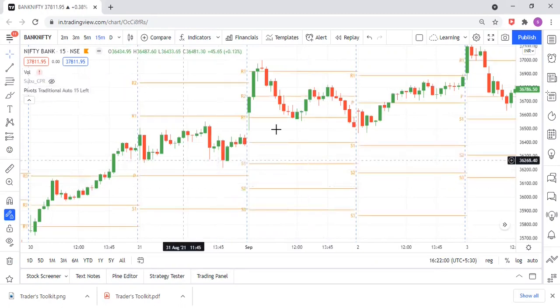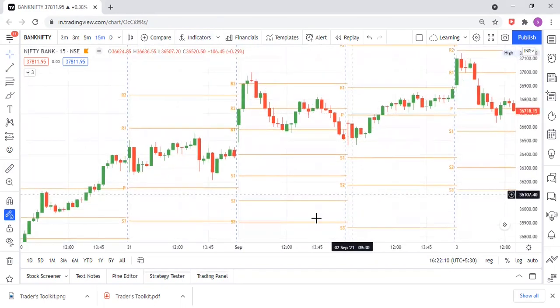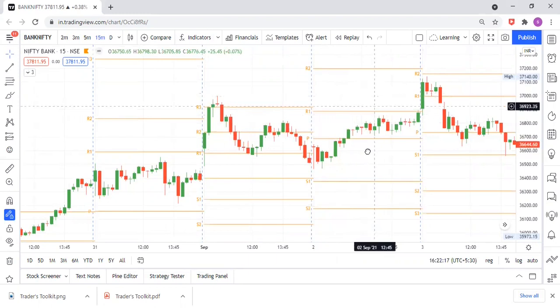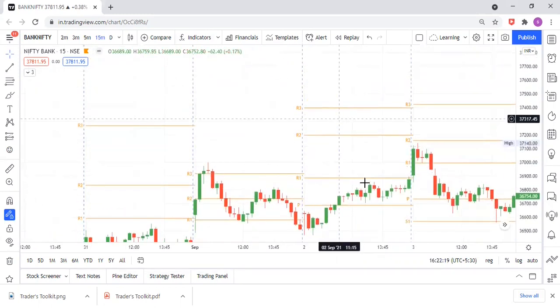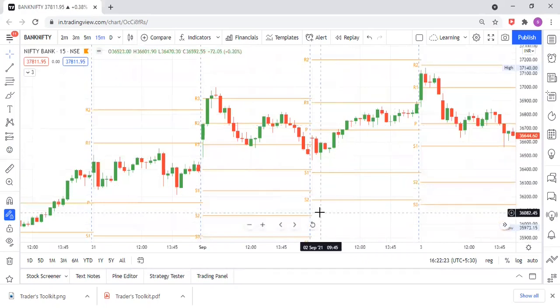For the standard pivot, it will appear something like this, where you will have a line called P. That indicates the pivot, and above you will have resistance points like R1, R2, R3, and below you have the support levels S1, S2, S3.